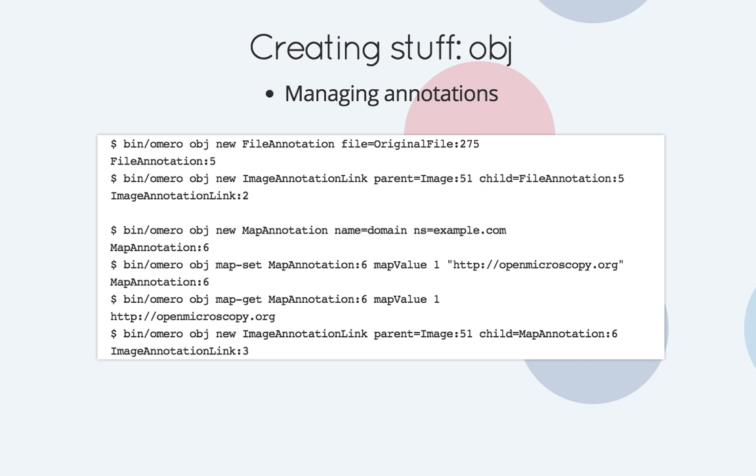So we get the value attached to key 1, and as you see, it's a URL. This can be a useful way of storing additional information on objects by creating these maps. And then finally, I link that map annotation to the image as we did with the file annotation up above. And we've got an image annotation link there of 3.